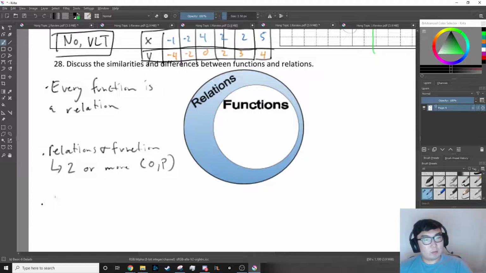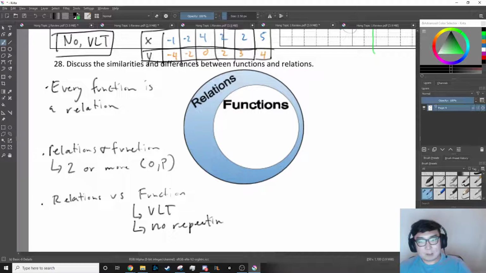But relations versus functions, we know that functions have a bigger restriction since they are in the smaller circle, like within relations. And that restriction is the vertical line test, which means no repeating x values.